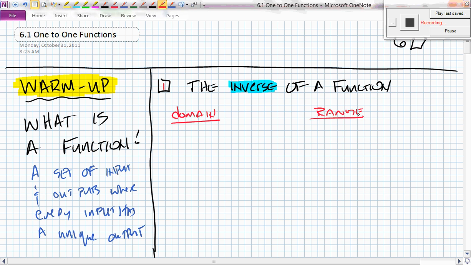So let's set up a domain and a range. The domain is going to be Bob, Mike, and Sally. And my range is going to be $50, $10, and $35.